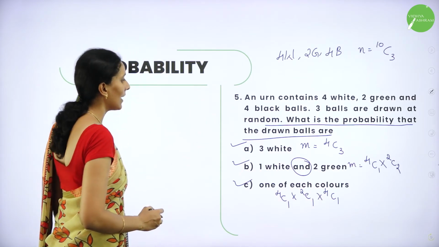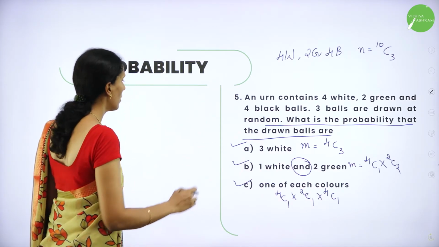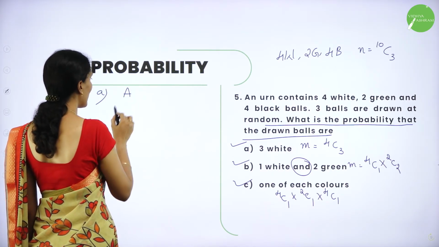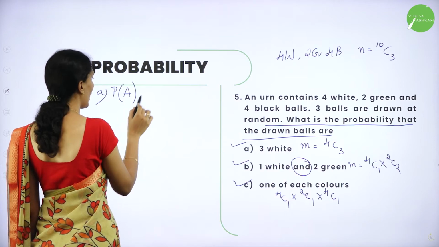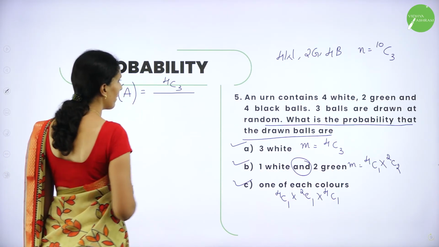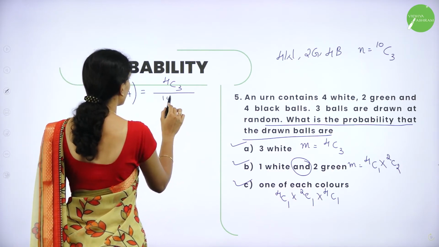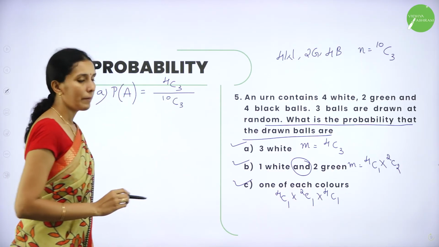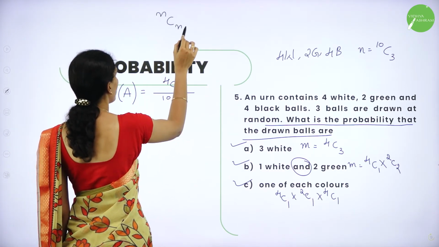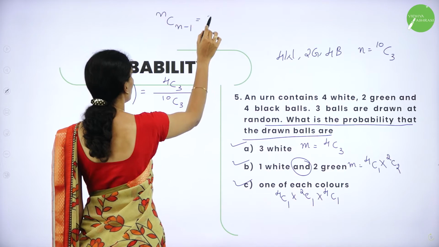So let me calculate the probability now. What happens for white? If I take A as an event, then the probability of A is given by 4C3 divided by 10C3. Remember the properties here. I have NC(n minus 1) is equal to n.